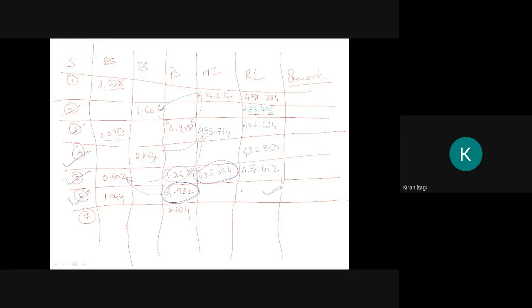So we are getting 433.072. After this staff reading, which reading do we have immediately? We have got the backsight reading. That is 433.072 plus 1.044. What is the height of the instrument now?